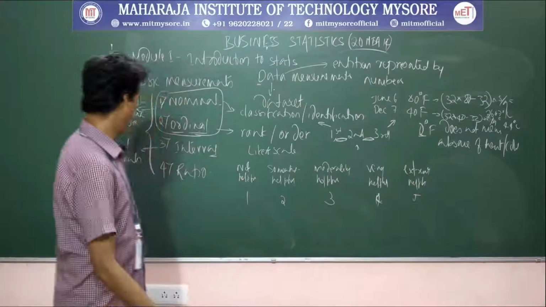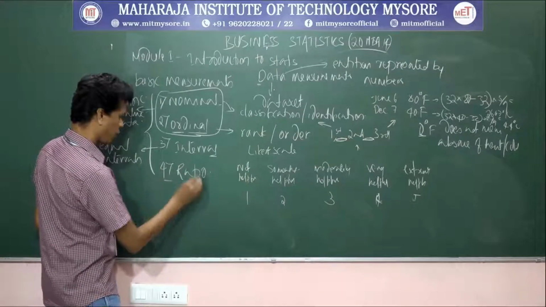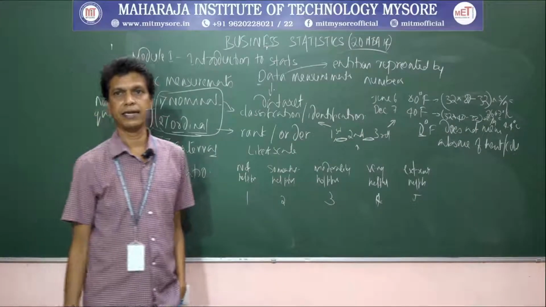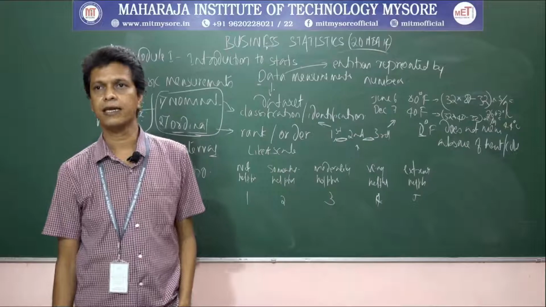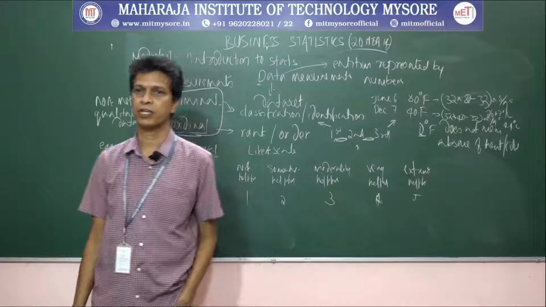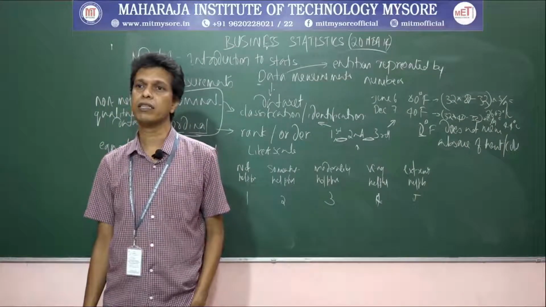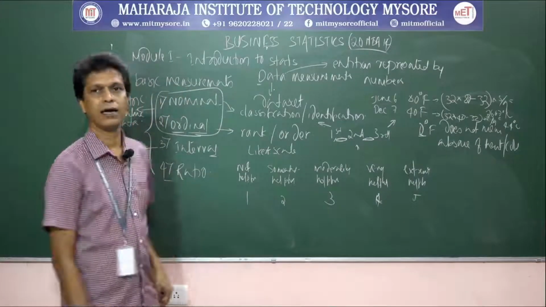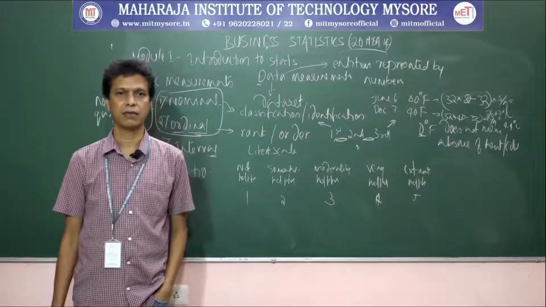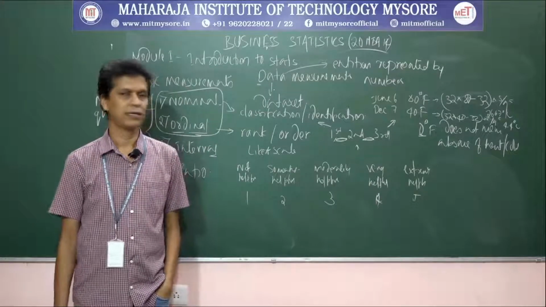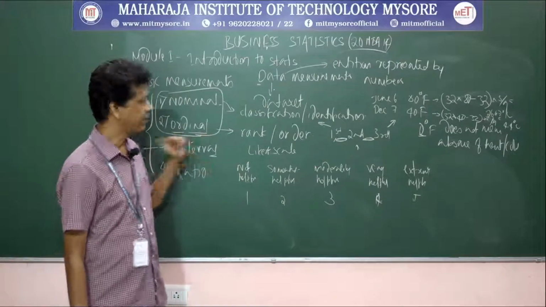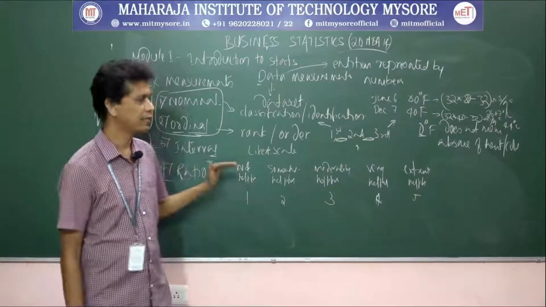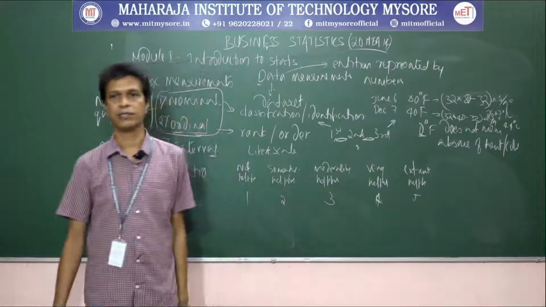And the last one, the highest scale, is the ratio scale. Ratio scale represents the highest form of measurement and has all the properties of interval scales plus another strength. Can you guess? The strength which is not there in the interval scale is the natural 0, the absolute 0.